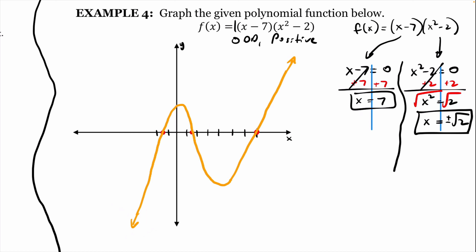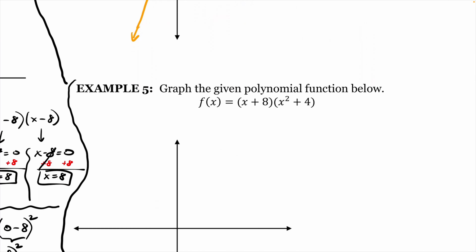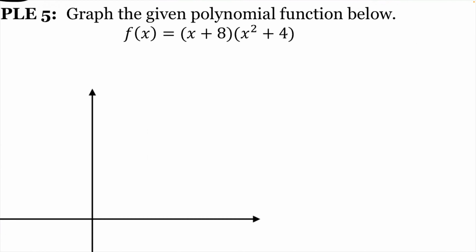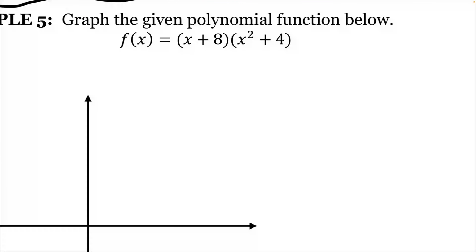All right. Okay, last guy. Last guy, and then we're done. How many answers? What's the degree? Even or odd? So how many answers am I going to get for this guy? 3.